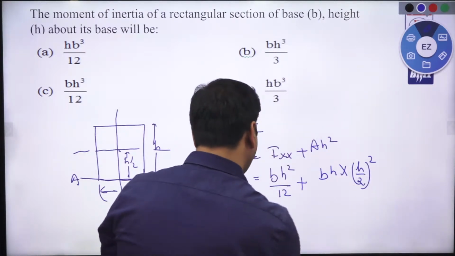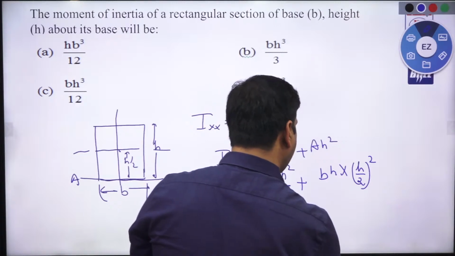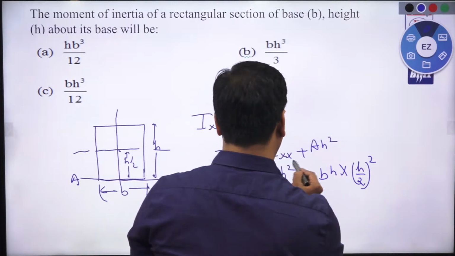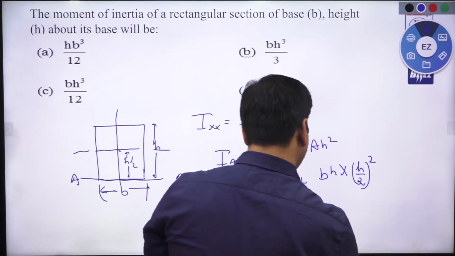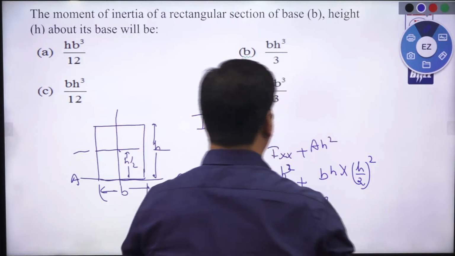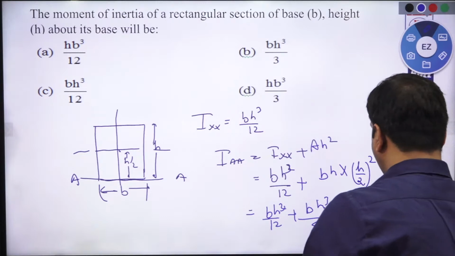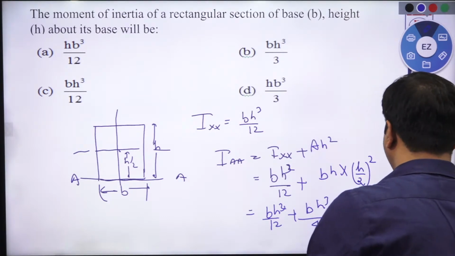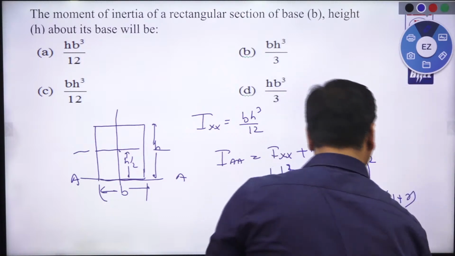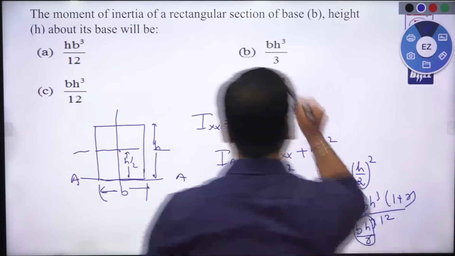So it came to be bh cube by 12 plus bh cube by 4. If you take 12 as the LCM, this just came to be bh cube, 1 plus 3, that is bh cube by 3. So the answer is B.